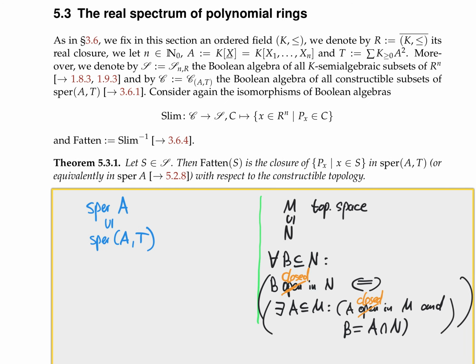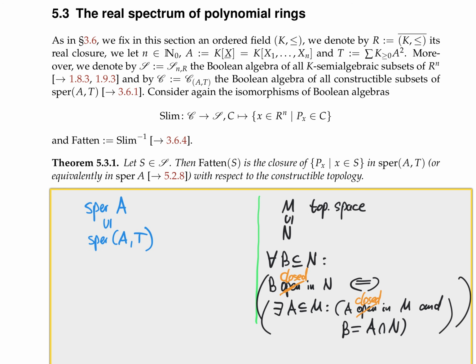And therefore, you see immediately that if I have B here, B is closed, in the real spectrum of A_T, if and only if it is closed in the real spectrum of A, right?